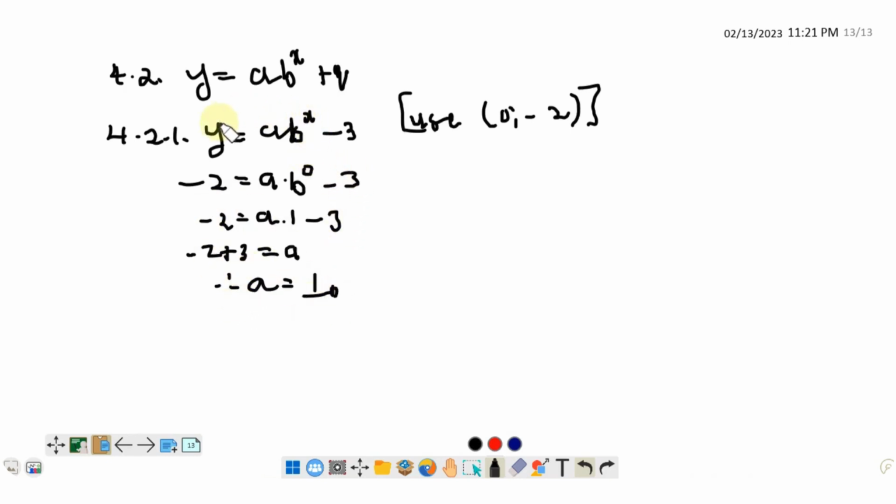And I'm going to do the same thing again, but now I'm going to use another coordinate. So I'm going to substitute a and use another coordinate which we are given, 1 and -1. We're given 1 and -1.